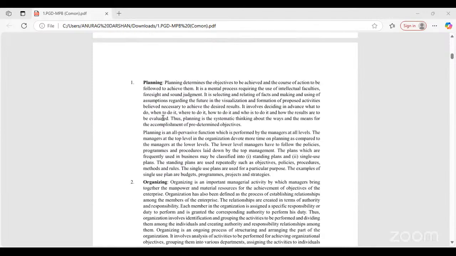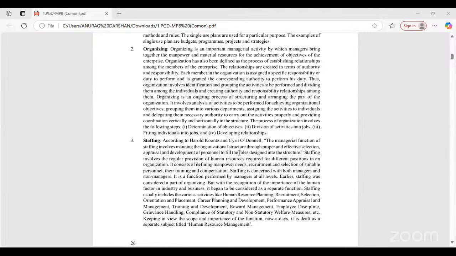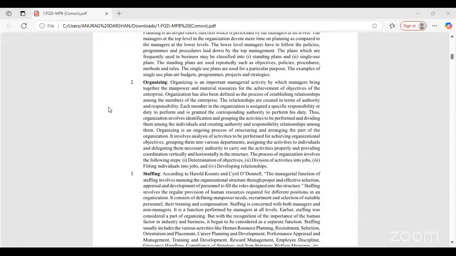Now coming to the functions of management: planning, organizing, staffing, directing, and controlling. Planning is done by the manager, you plan what you do. In organizing, you see that whatever has been planned is organized properly, so managers bring together material and human resources to achieve the overall goal.